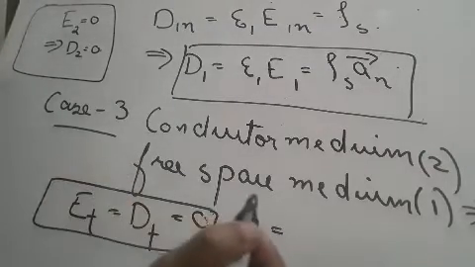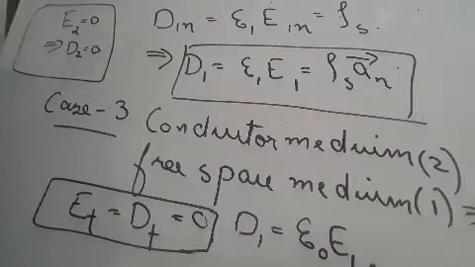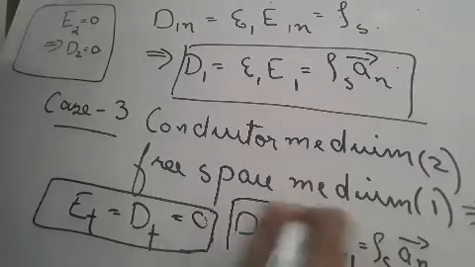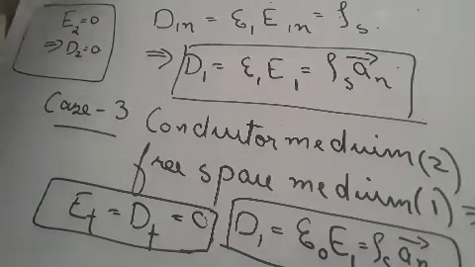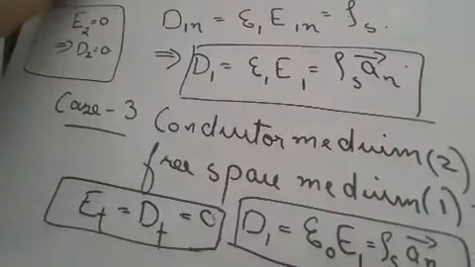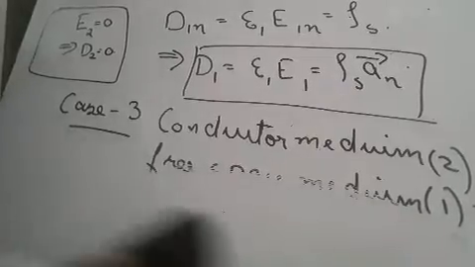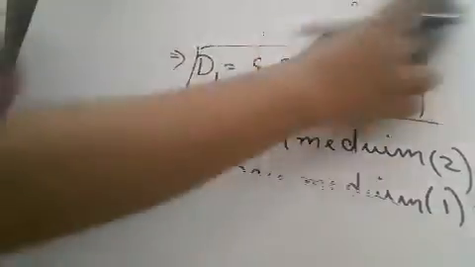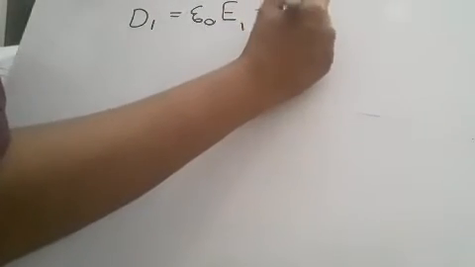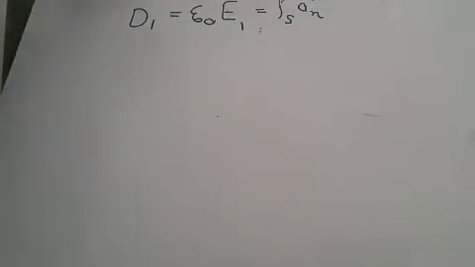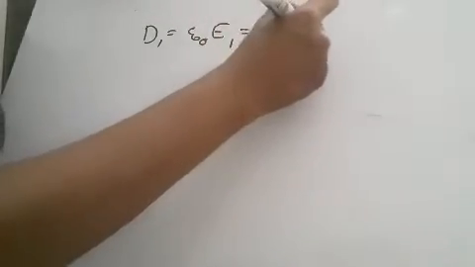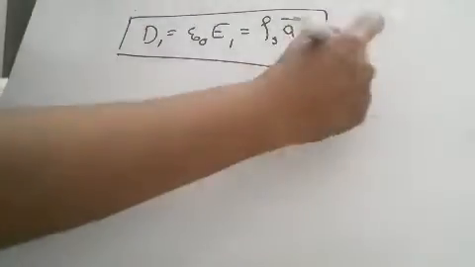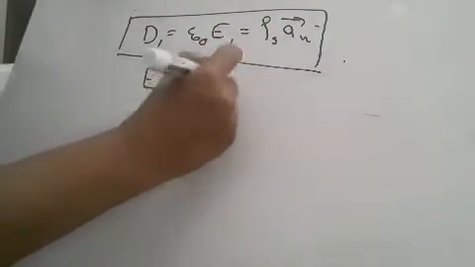D1 is equal to epsilon naught E1 which is rho S AN, and Et equal to Dt equal to 0.